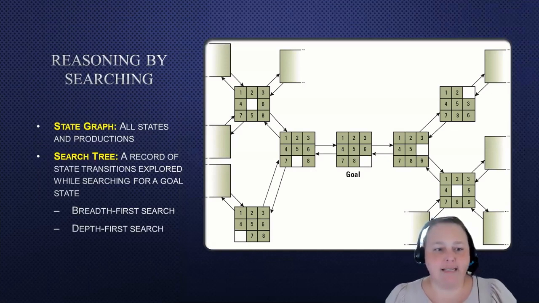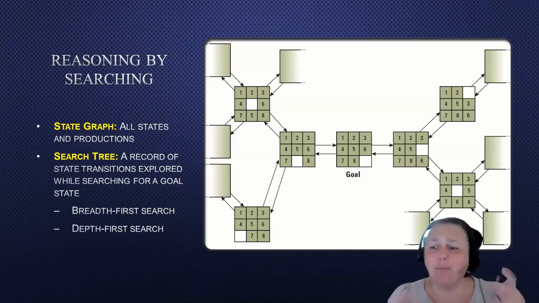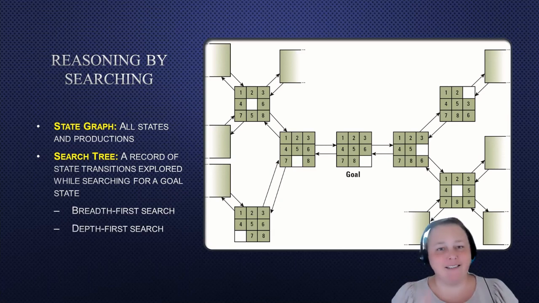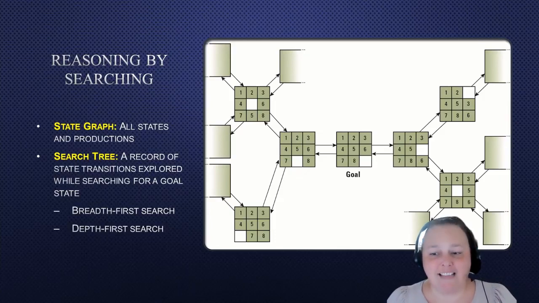Now, an important concept in the development of a control system is the problem space. That is going to be the collection of all the different states, productions, and preconditions in a production system. A problem space is often looked at in the form of a state graph.